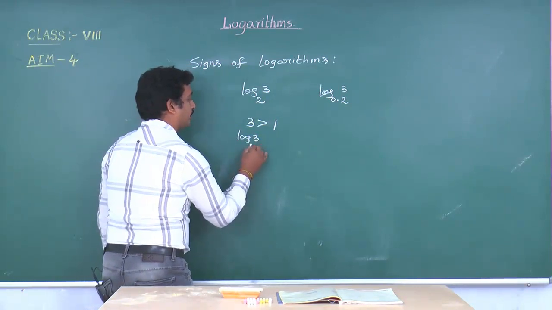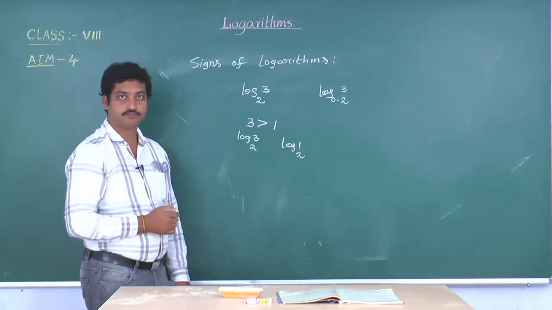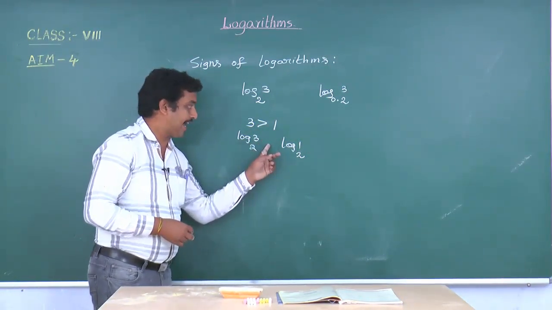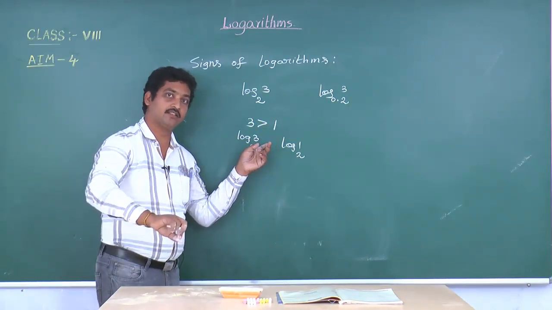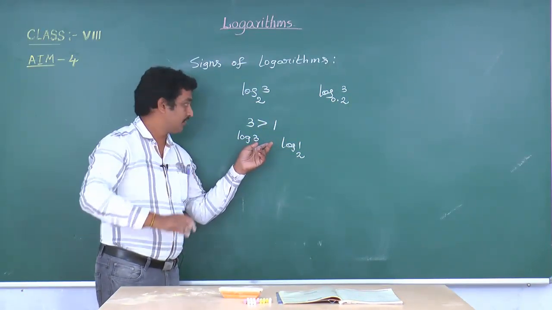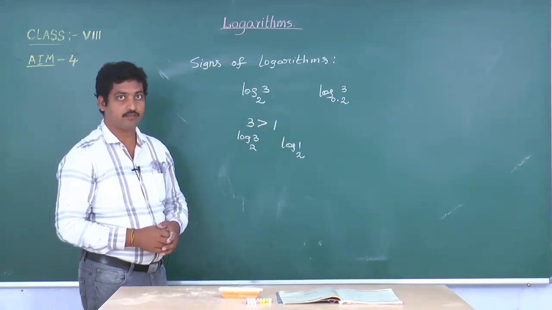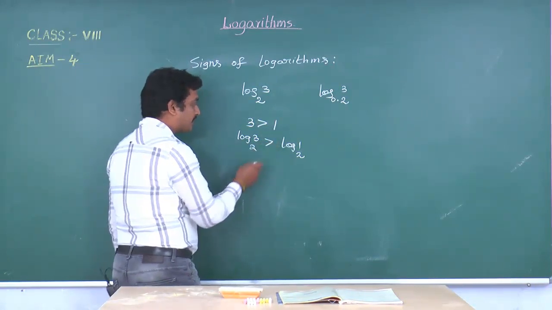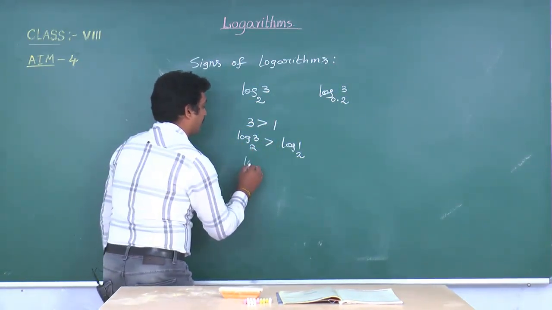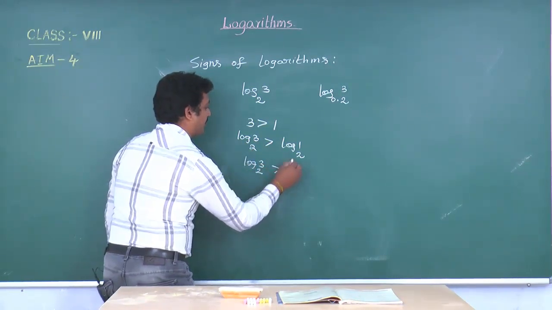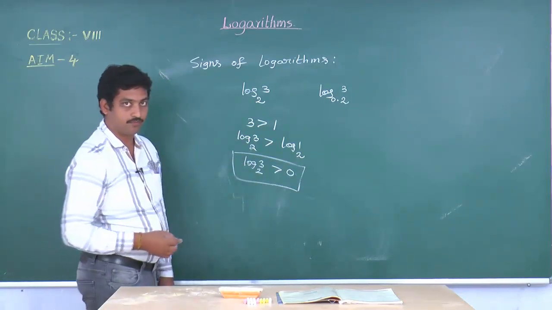Log 3 to the base 2 and log 1 to the base 2. What inequality carries out between these two? Already we have learned logarithmic inequalities. Using that knowledge, what type of inequality will come? The same inequality will come. Why? Because here the base is more than 1. That's why log 3 to the base 2, log 1 is nothing but 0. Therefore, log 3 to the base 2 is positive.